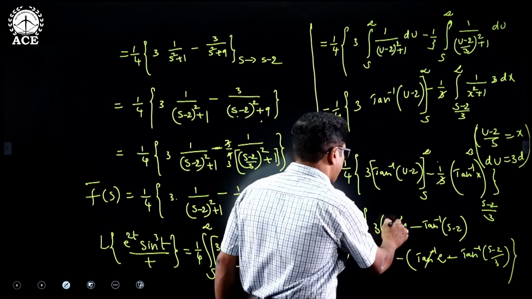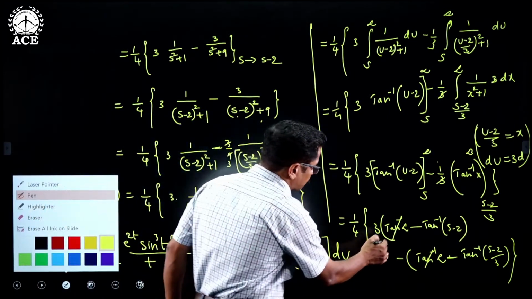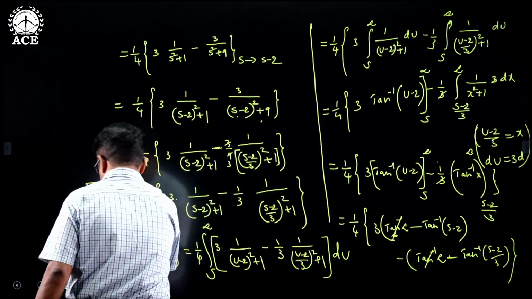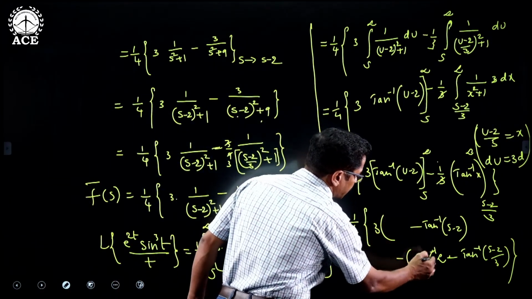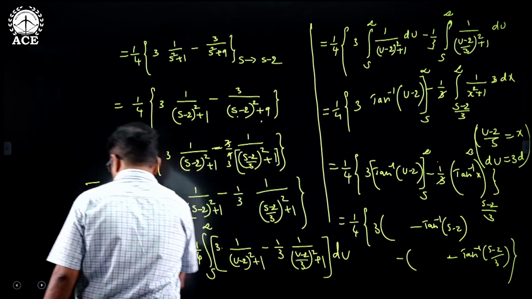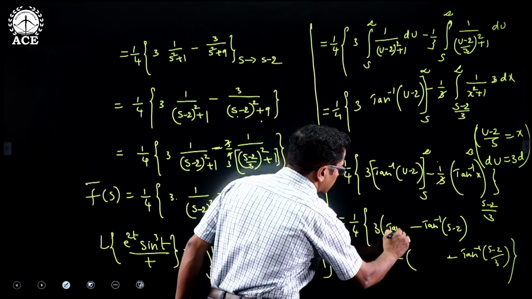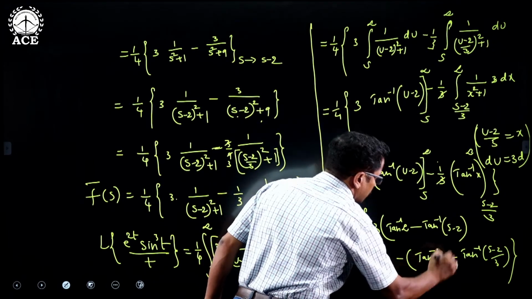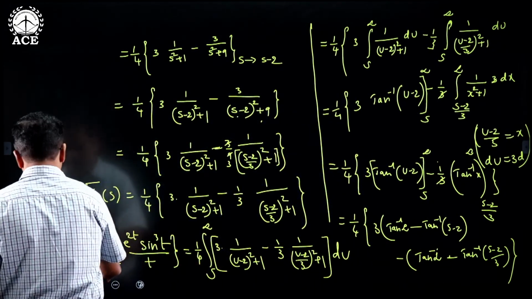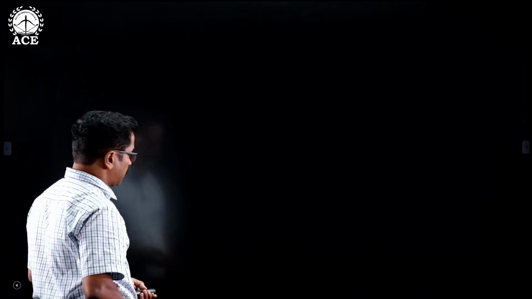So here tan inverse infinite, here also tan inverse infinite. Now try to simplify this.